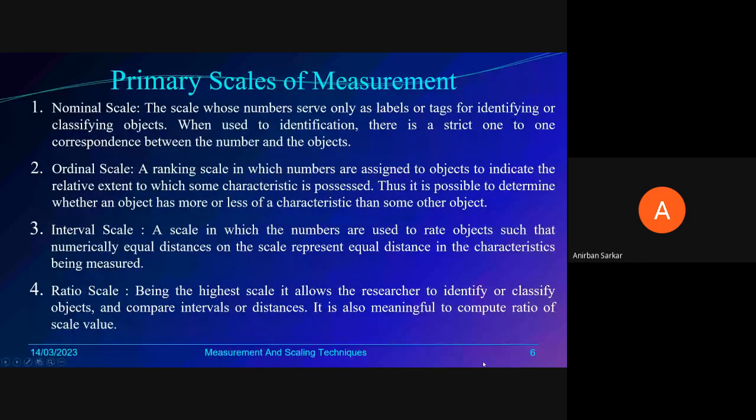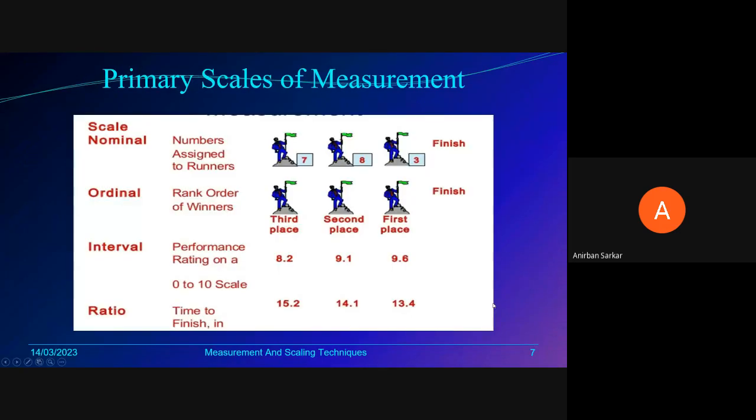So I was talking about nominal scale, ordinal scale, interval scale, and ratio scale data that we have already discussed. Now, just to make you understand with a different example, what is a nominal scale? Nominal scale has only description, meaning you can assign numbers which do not have any particular meaning other than identification.